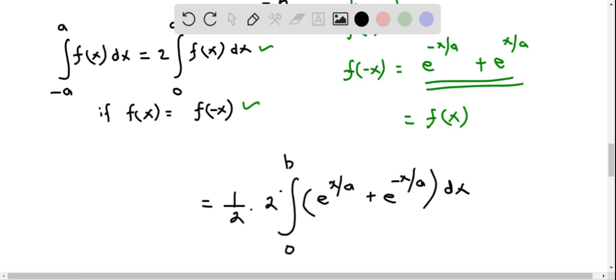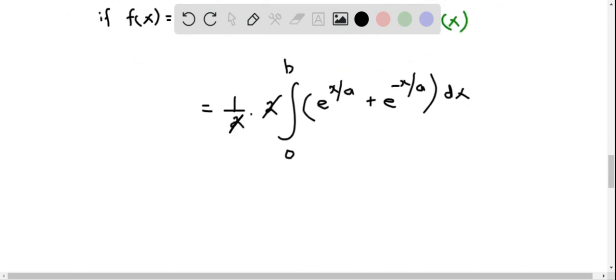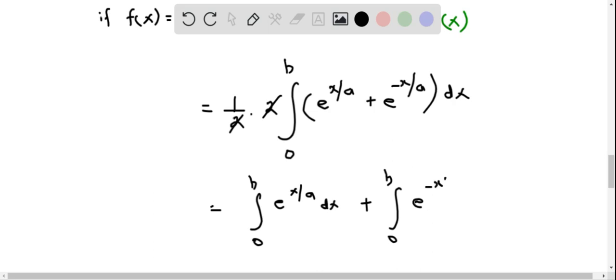So we now see this 2 and this 2 will get cancelled, and finally we have to evaluate only the integral from 0 to b of this expression. So we can split this into two integrals, that is, the integral from 0 to b of e raised to the power of x by a plus the integral from 0 to b of e raised to the power of negative x by a dx.